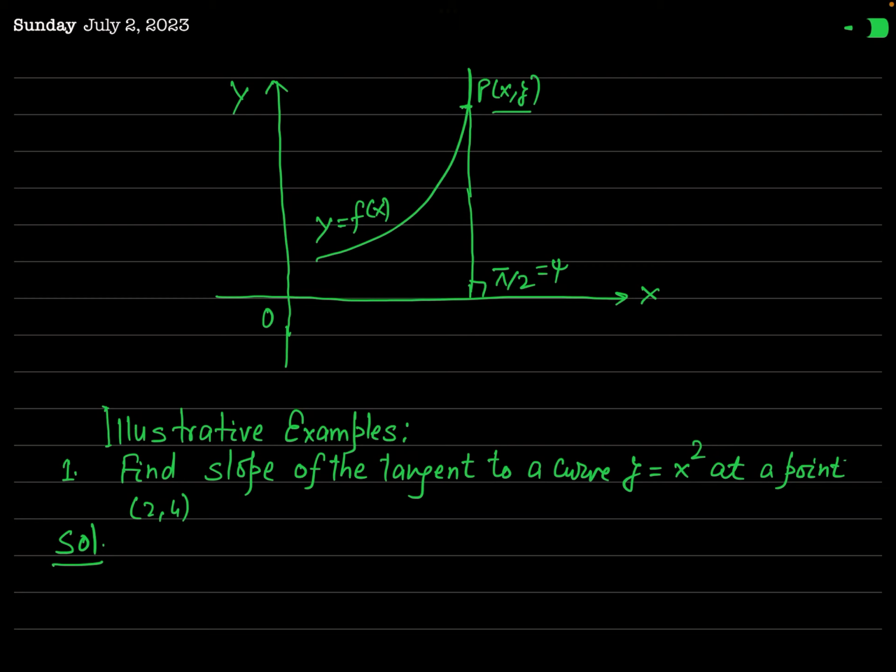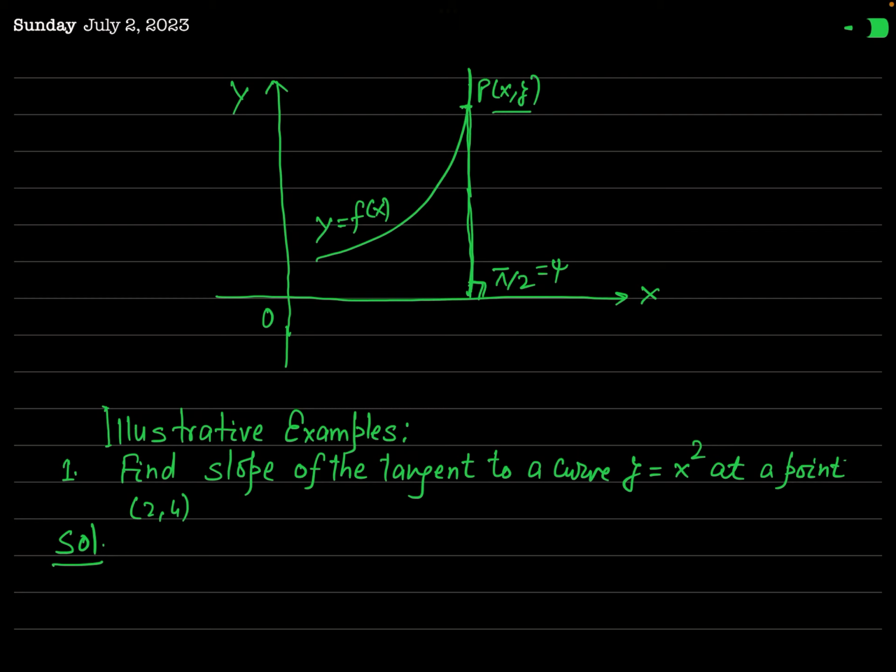Let us draw a tangent to the curve at this point P. You can see this tangent is parallel to the y-axis. And if it is parallel to the y-axis, it will make an angle pi by 2 or 90 degrees with the positive sense of the x-axis.